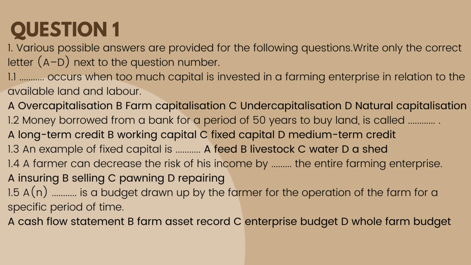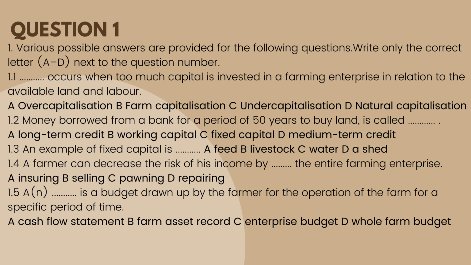An example of fixed capital is A, feed, B, livestock, C, water, D, a shed, right? Okay, again. So remember we said we've got movable capital, we've got fixed capital, working capital. Okay, so now, drum rolls. Okay, the answer there is D. A fixed capital in those things is D, a shed, right?